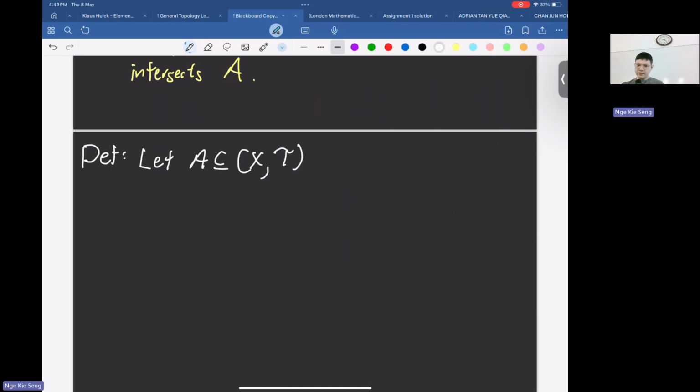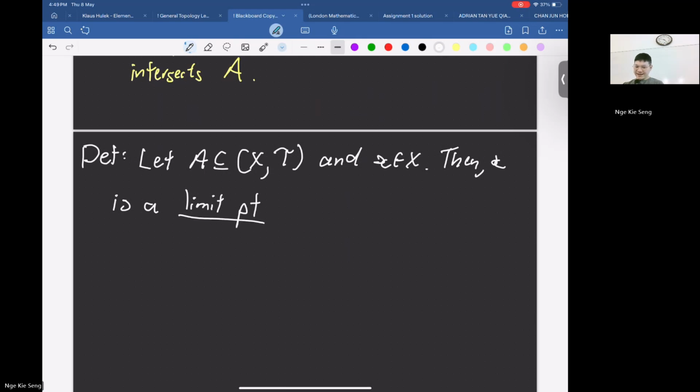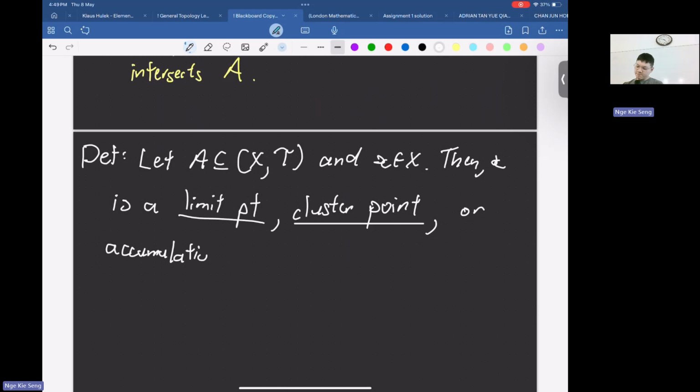Motivated by this, we will define that a point x is a limit point, cluster point, or accumulation point. These few words will be used in various literature. The older the literature you find, the more cluster point and accumulation point you will see. For the modern ones, I think you just see limit point.